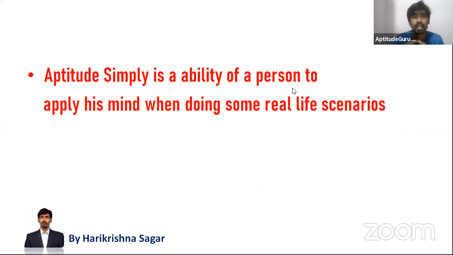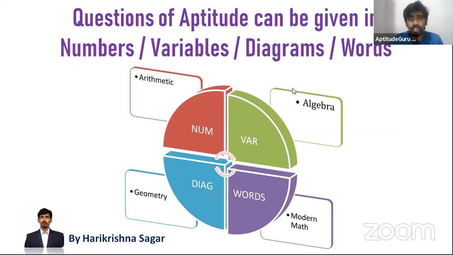So aptitude is simply an ability of a person to apply his mind to solve real scenarios. But what kind of questions will you see in aptitude? Take any question from aptitude, it is going to check your common sense level by projecting the questions in numbers, variables, diagrams and words. In quantitative aptitude especially, if the questions are projected in numbers, we name that as numbers.